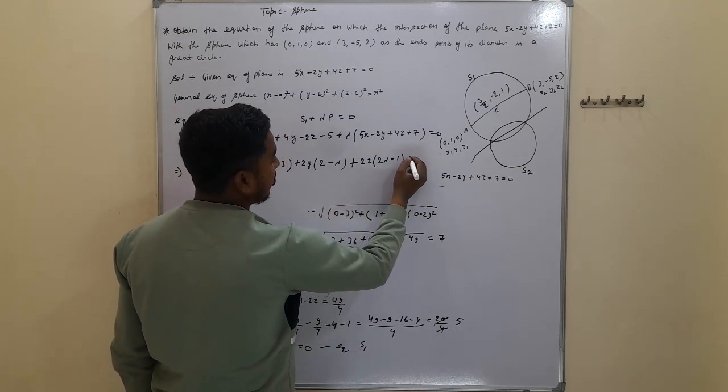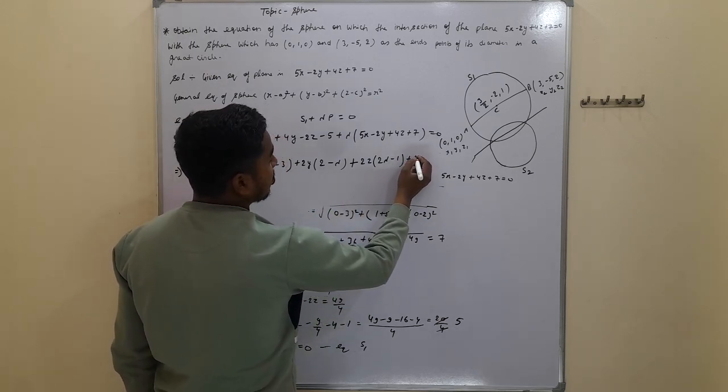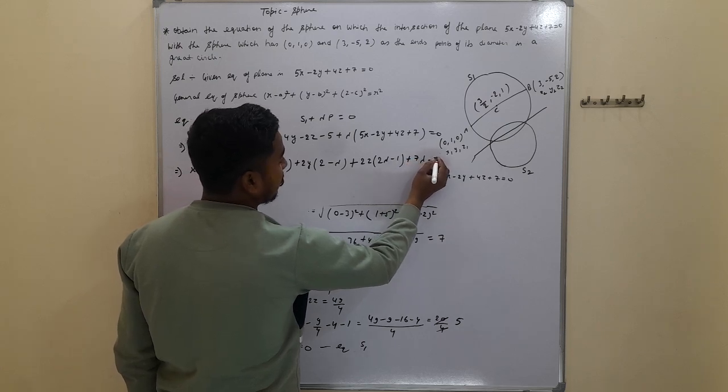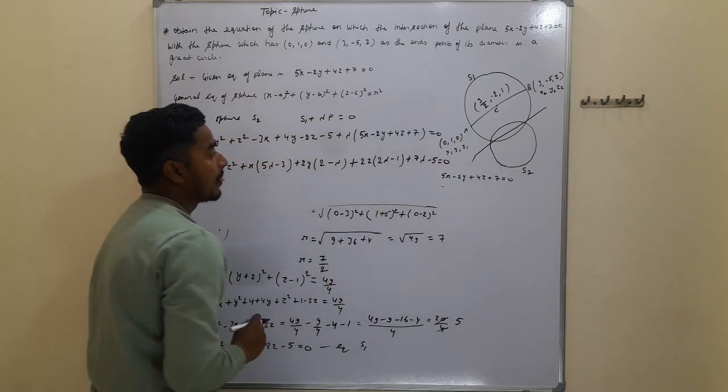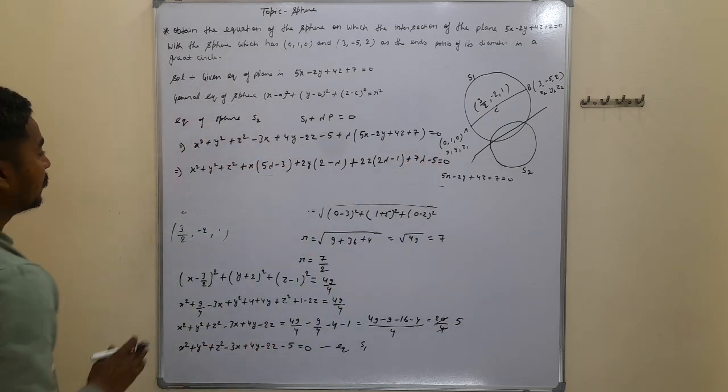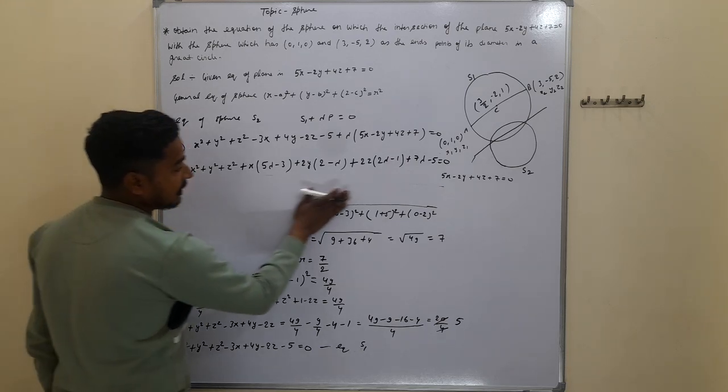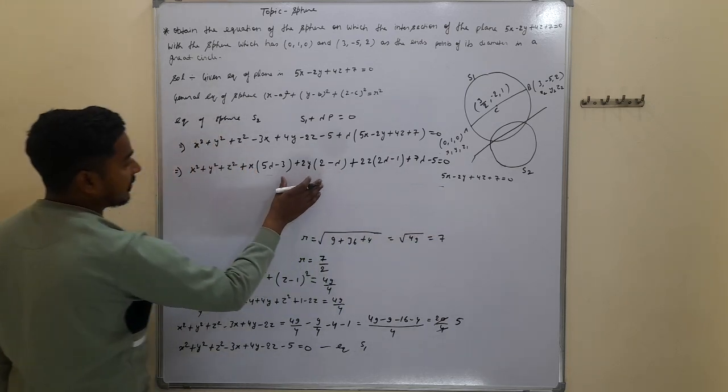This is also given by plus 7 lambda minus 5 is equal to 0. From here we have to find the center of this sphere S2.